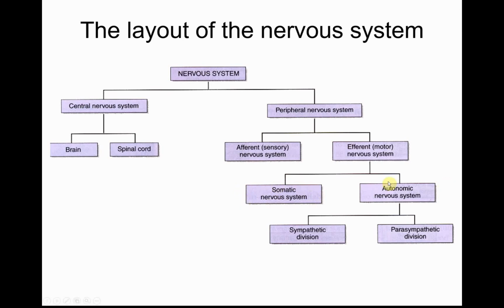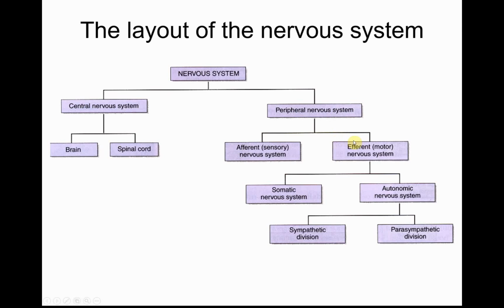But you've also got the autonomic nervous system, which is the involuntary system. So it's working under subconscious control. You don't have to think about it. So this is the bit that controls heart rate and breathing and digestion and everything that's going on inside your body that you don't want to have to think about to make it work. And this is all part of the motor system.